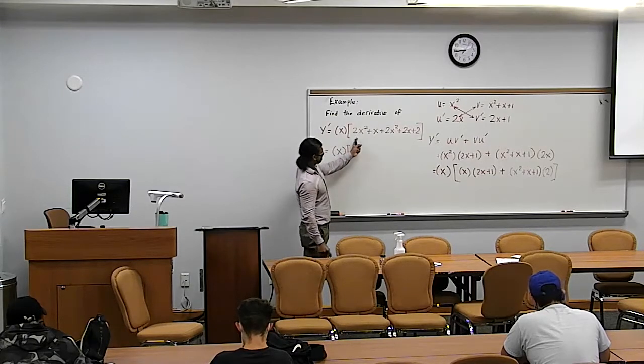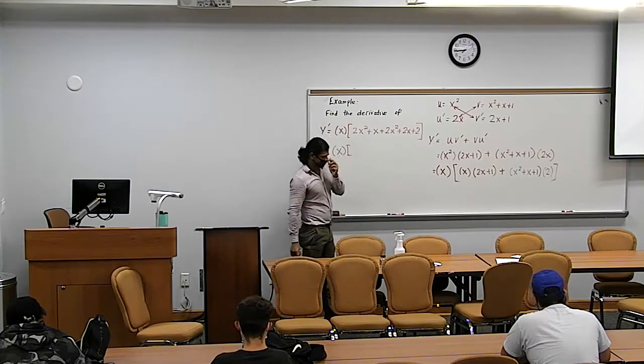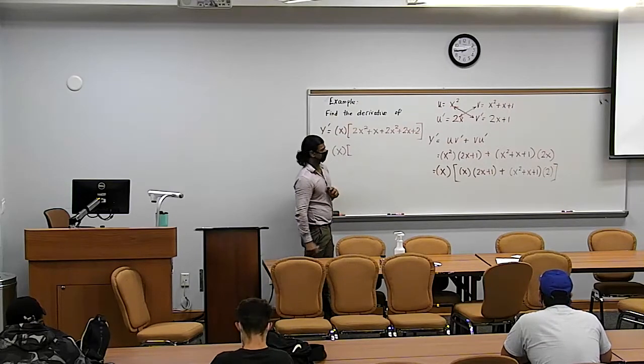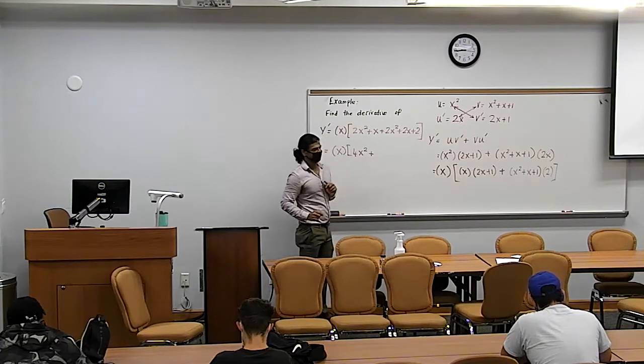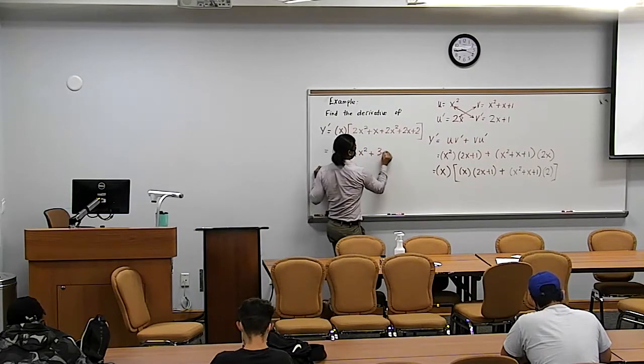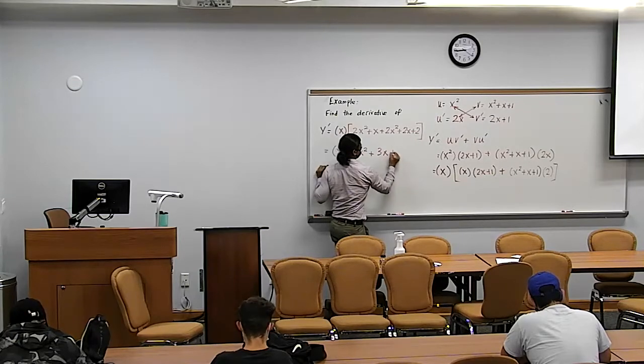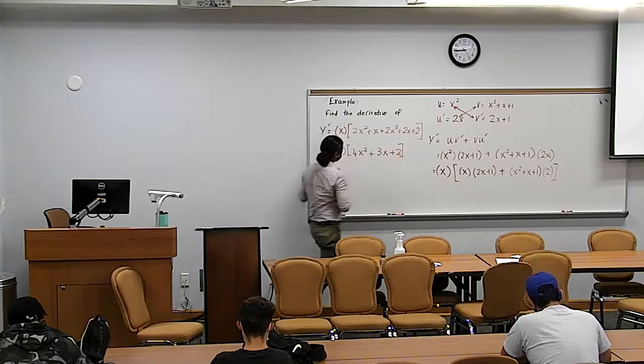What is 2x squared plus 2x squared? x plus 2x. And that 2 remains as is.